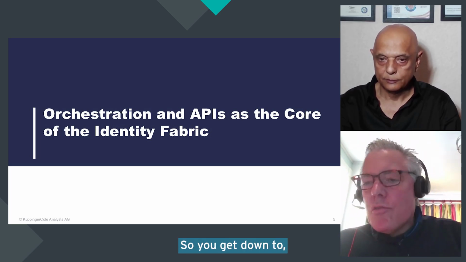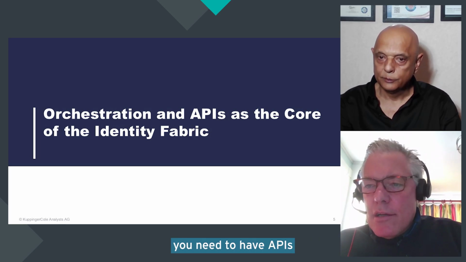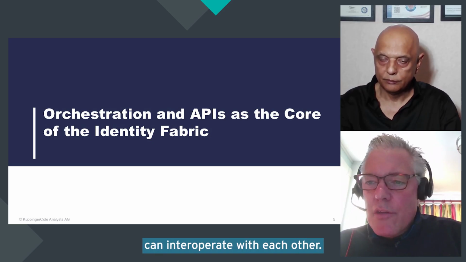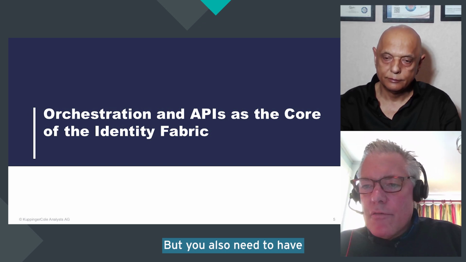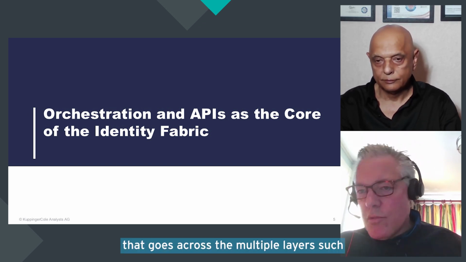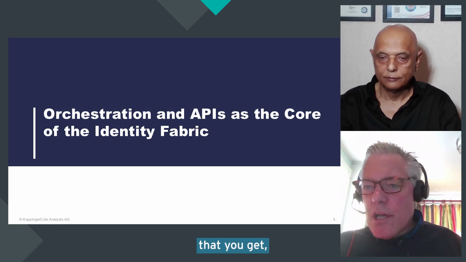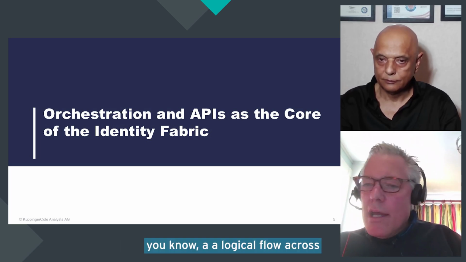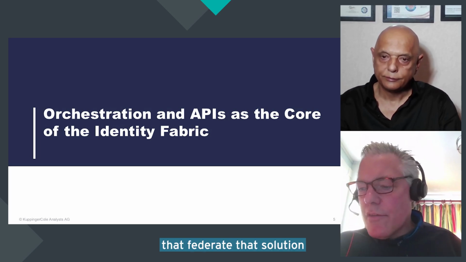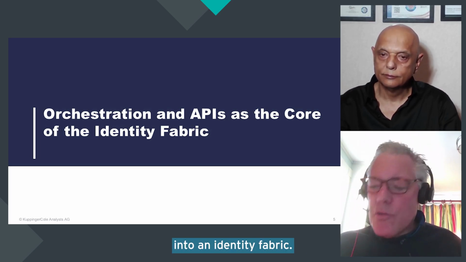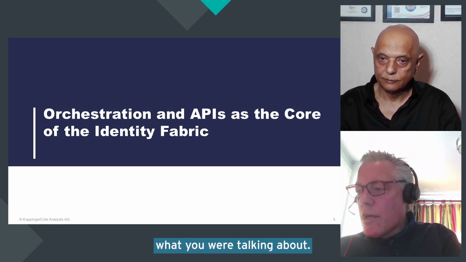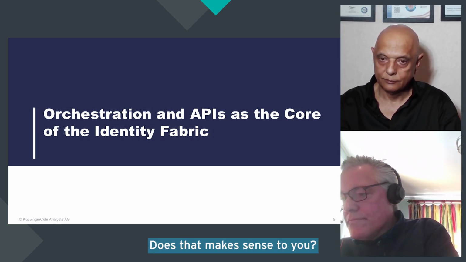When you're federating, you need to have APIs so that the components can interoperate with each other. But you also need essentially a workflow or an orchestration that goes across the multiple layers, such that you get a logical flow by leveraging the APIs that federate the solution into an identity fabric. Is that more or less what you were talking about? Does that make sense to you?